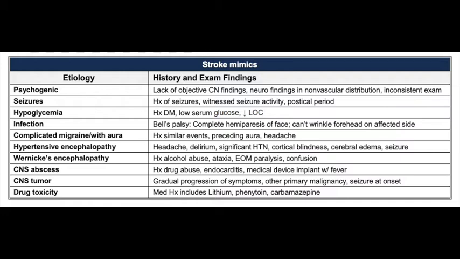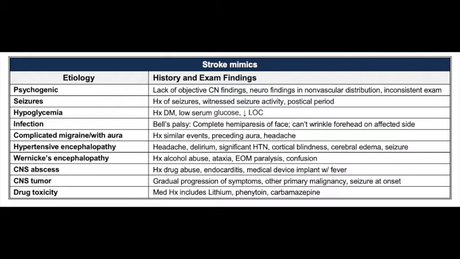Hypertensive encephalopathy. This is going to present with a headache, delirium, significant high blood pressure, cortical blindness, edema, and seizures. So we might think that we have a stroke situation going on here. Wernicke's encephalopathy. This is very common with chronic alcohol users. They're going to have ataxia, which we talked about, dystaxia being one of the signs for posterior stroke.